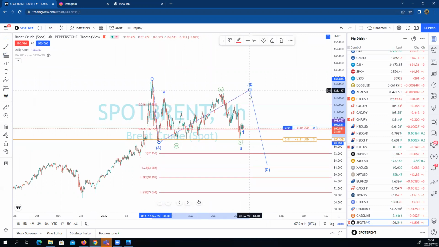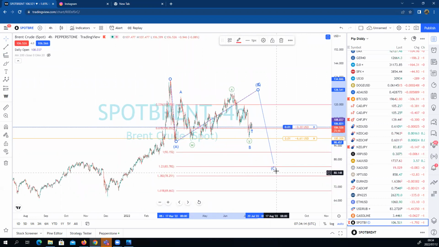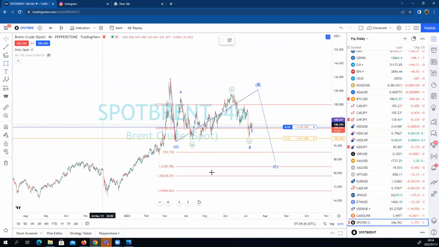If we pull our fib levels, we know that this wave is likely to terminate between the 100% and the 1.23, or the 1:1 extension of wave A, or 1.23%. Okay, so we can have our blue box between the 1 and the 1.23.